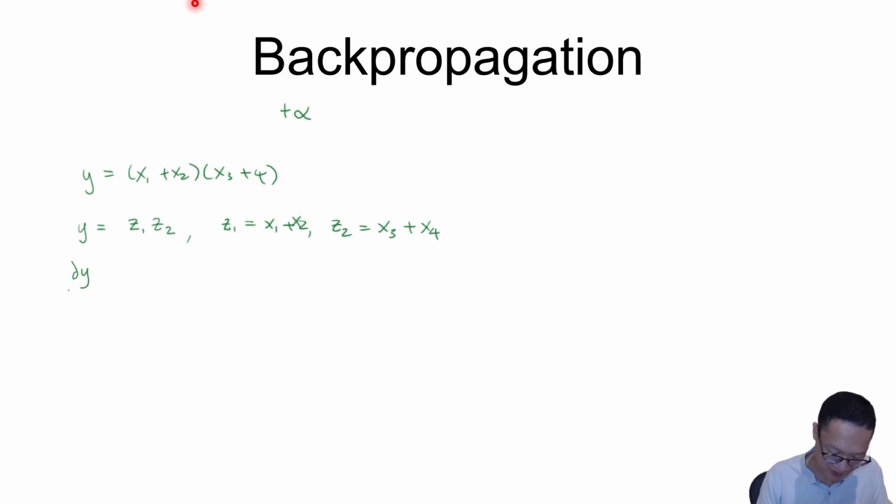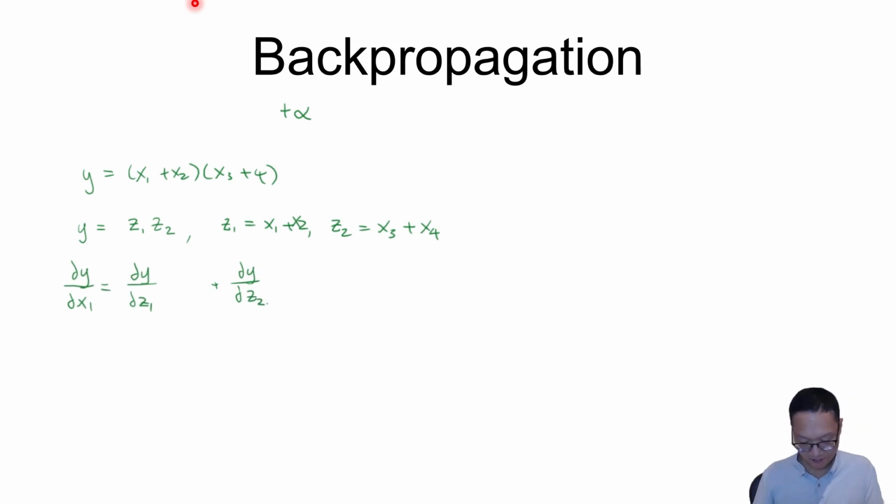For example, if we want partial y, partial x1, we first differentiate with respect to each of the variables that y directly depends on. That's partial y, partial z1, and partial y, partial z2. And then multiplying each of these, we take the partial derivative of z1, and z2, with respect to the input x1.